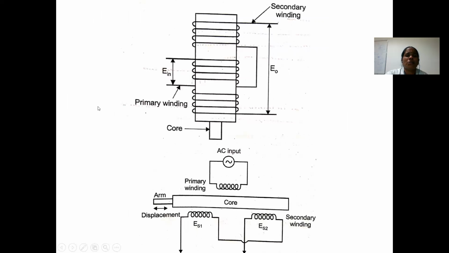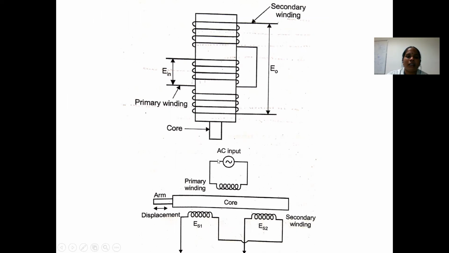This shows the construction of your LVDT. This is a hollow cylinder and the core is inserted inside it. This is your primary winding connected across your supply, and this is your secondary winding divided into two equal halves connected in series opposition.